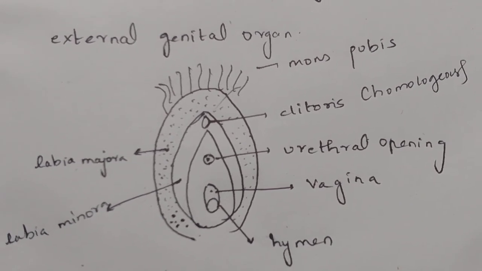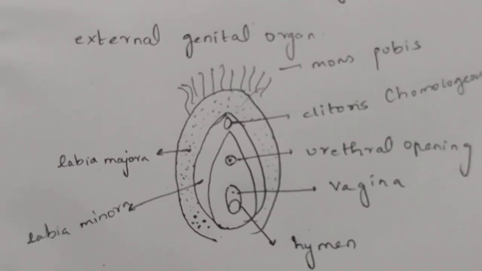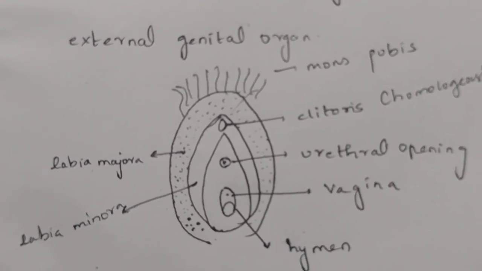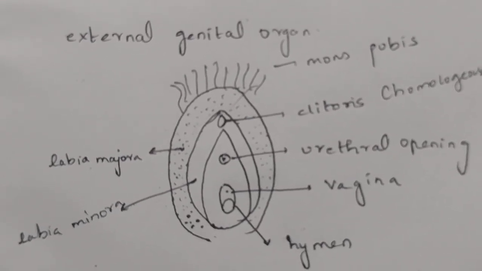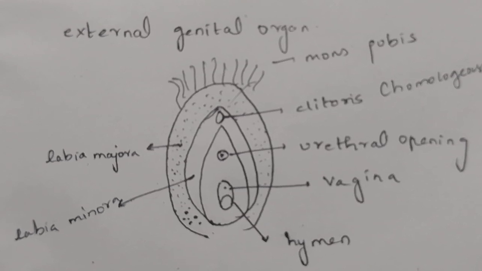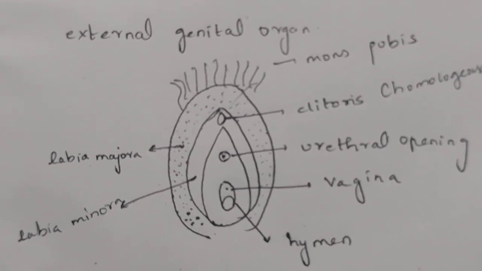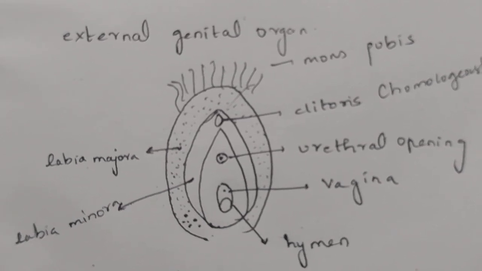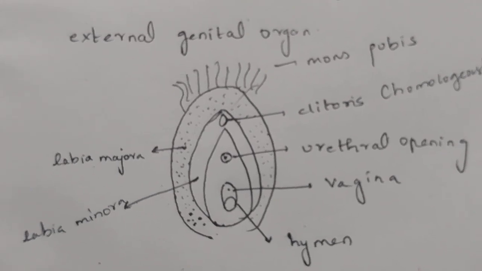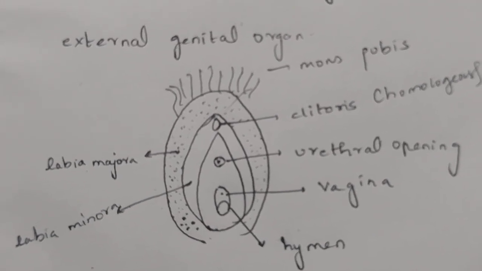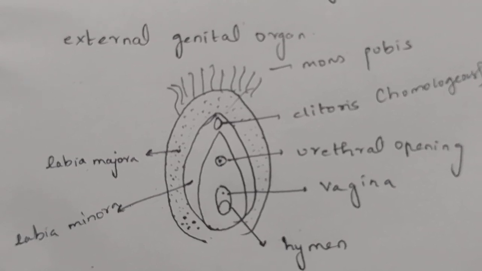The hymen does not indicate sexual activity. And the labia majora are fleshy folds of tissue that extend below the mons pubis and surround the vaginal opening. And the labia minora are paired folds which are below the labia majora.